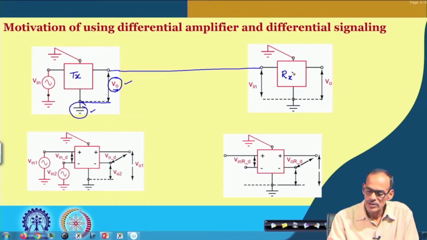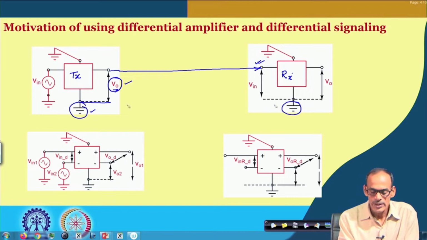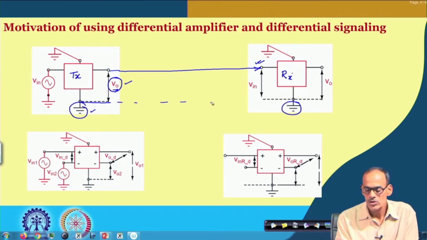Likewise, whenever the receiver receives the signal at its input, it compares this voltage with respect to its own ground, and ideally we want these two grounds to be the same.